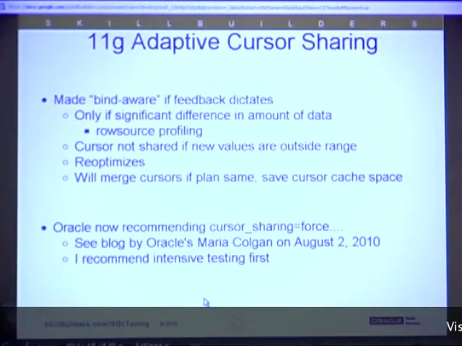Bind aware only happens if there's a significant difference, because there's a lot of overhead with bind aware. So we wanted to make sure that before they went into the bind aware stage, it was probably going to be worth it. They're still not 100% sure it's going to be worth it, but they want to be pretty well sure it was worth it.